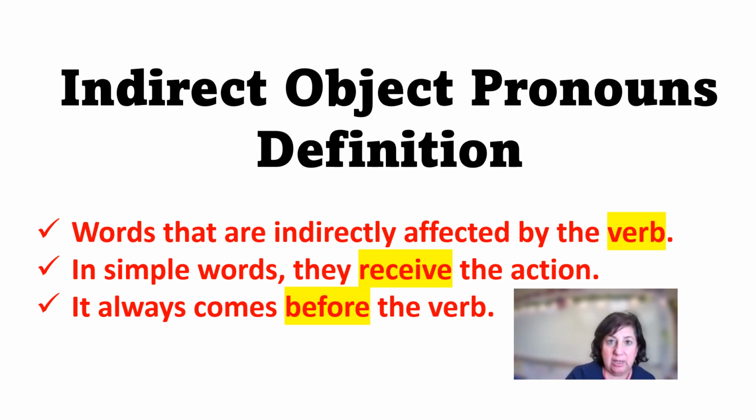Chocolate pleases me. You know what I'm saying? Running pleases me. Watching a movie pleases me. So that is how you're going to train your brain to think when you are using this verb. And that's why we don't use the personal pronouns, we use indirect object pronouns. They are simple words that receive the action, and they always come before the verb.